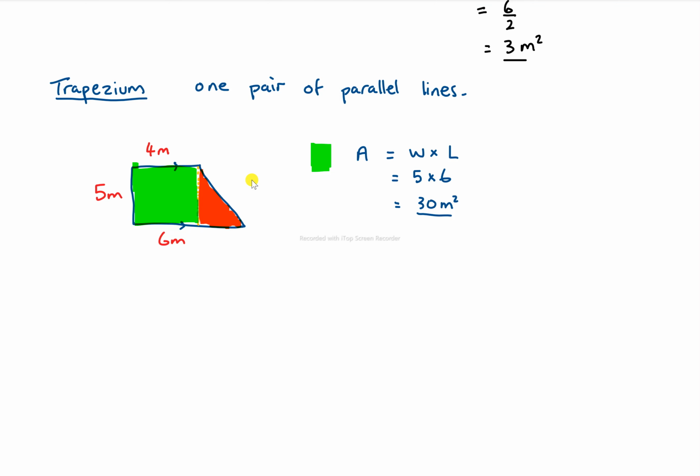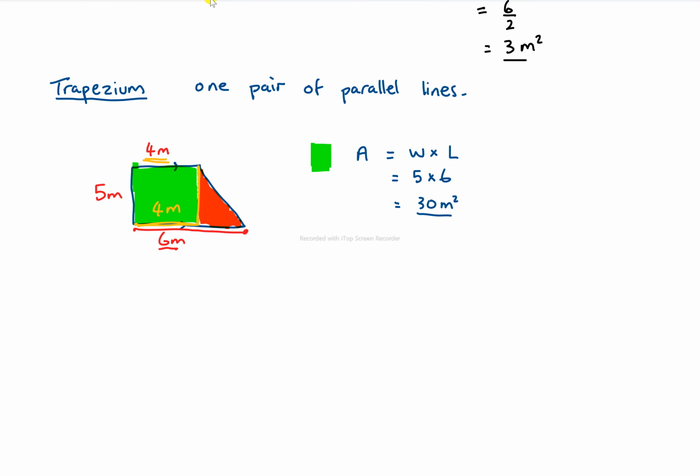Now, if you look at this bit, the yellow line, that is 4 meters. Why? Because this here is 4 meters. And altogether, the full length from here all the way across is 6.